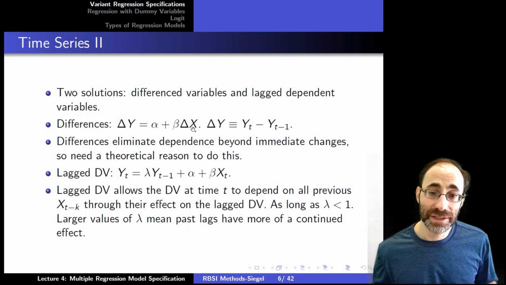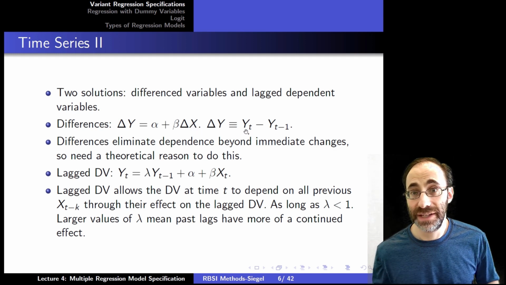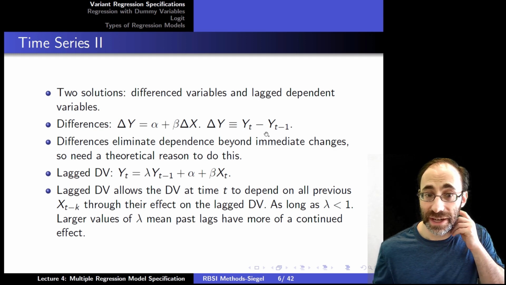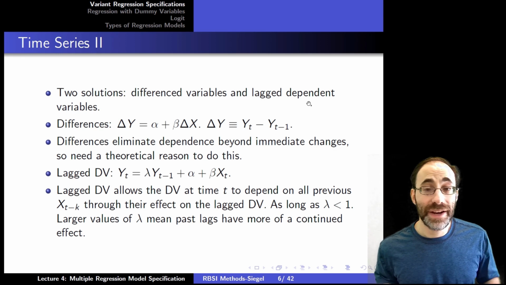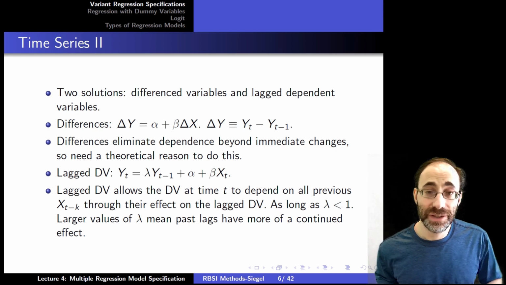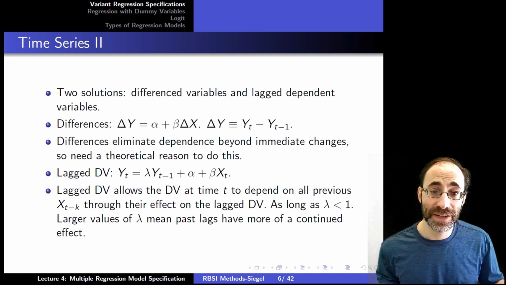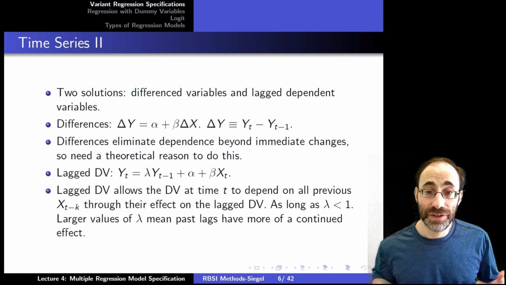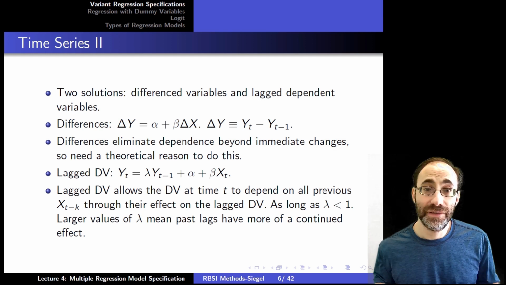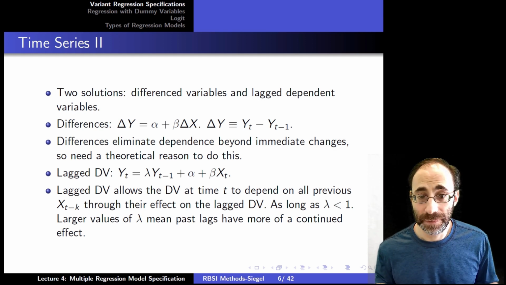You do the same thing for x. The difference in x is defined as x sub t minus x sub t minus 1. So the first difference in x. Using differences eliminates the dependence on everything beyond the immediate changes. The immediate change in y is caused by the immediate change in x. Because of that, you need a theoretical reason to want to do this. But you see this kind of specification pretty often.